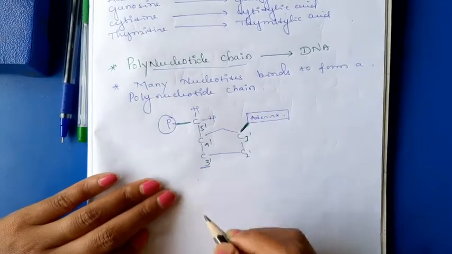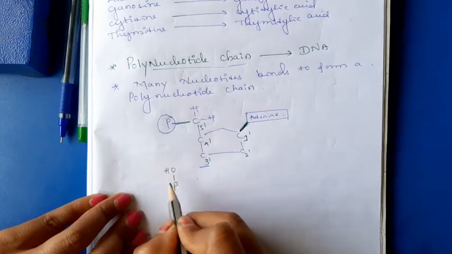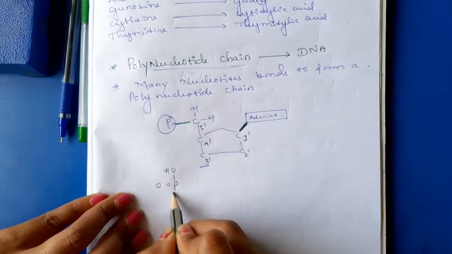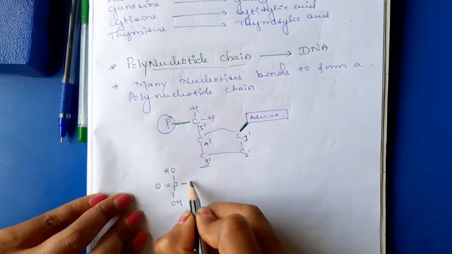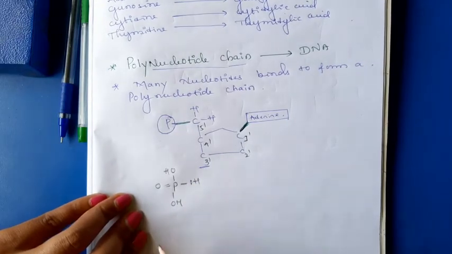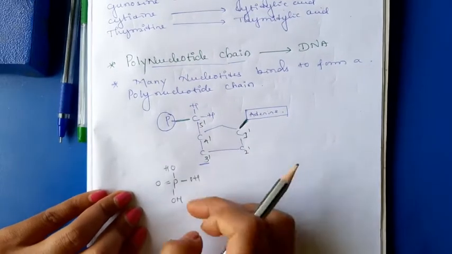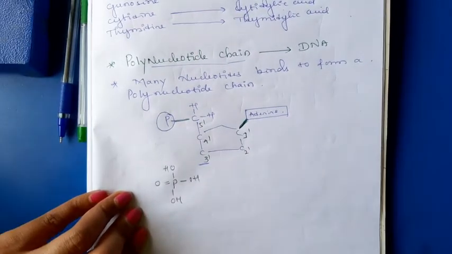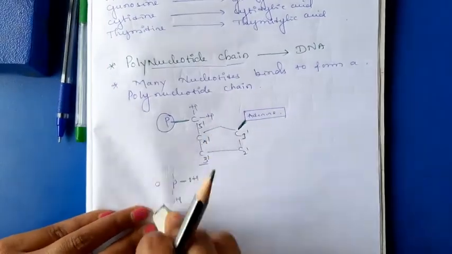Here you know the structure of the phosphate group, it's like this. Okay, this is the second phosphate group of the second nucleotide.